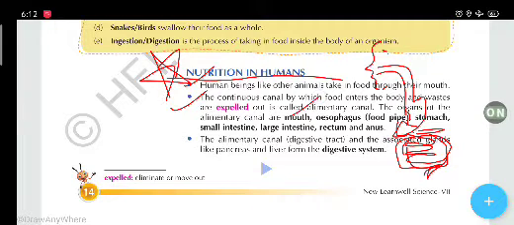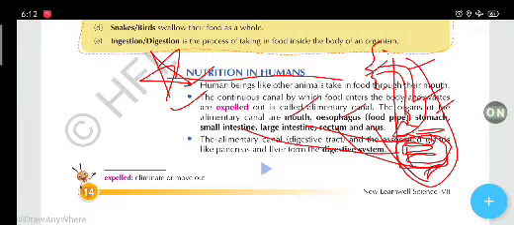First the mouth and esophagus, that is the food pipe, and stomach, small intestine and large intestine, the rectum and the anus. So all are parts of our digestive system, and this complete path of our digestion is called the alimentary canal. I hope you have understood.